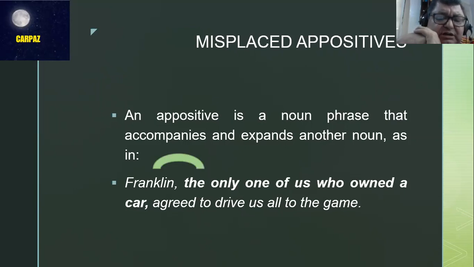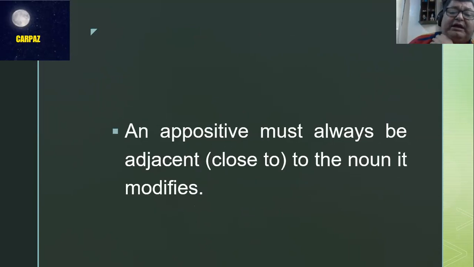It is obvious that the rest of us didn't have a car, that it was Franklin, the one that had a car. That's why he took us. And an appositive must always be adjacent, close to, next to the noun it modifies. Always. No excuse.